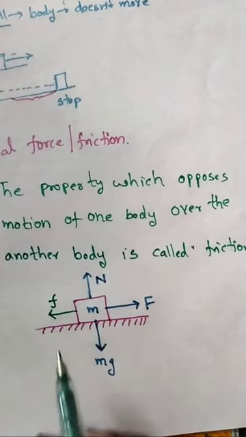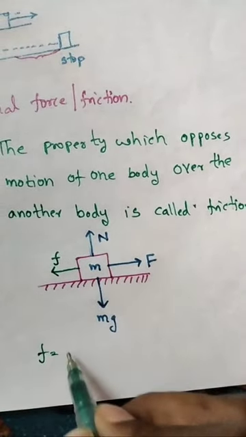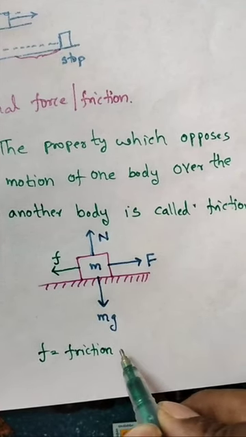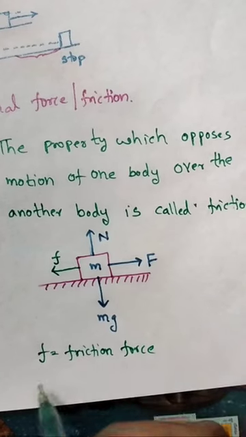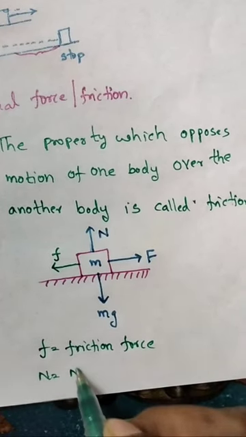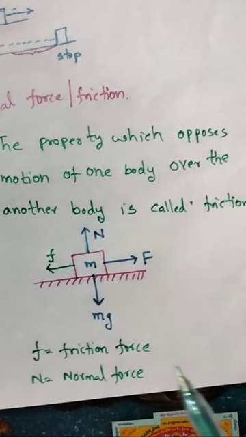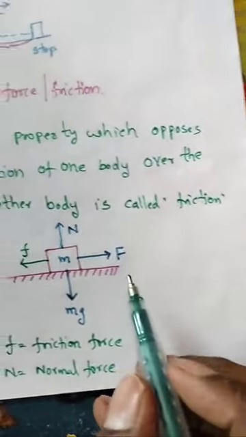Here small f is the friction force, capital N is the normal force, and capital F is the external force.